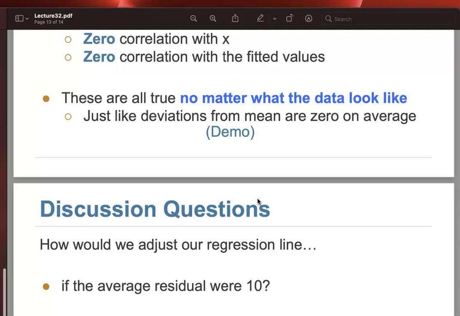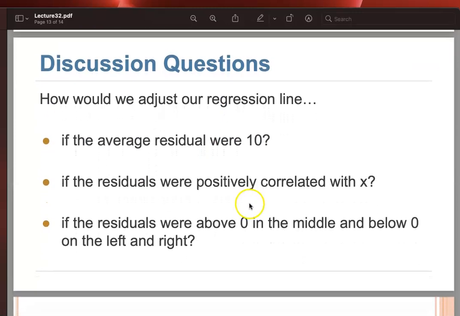The same thing for the second one. If the residual is positively correlated with x, and y equals mx plus b, then the slope has an issue, so we need to adjust our slope.